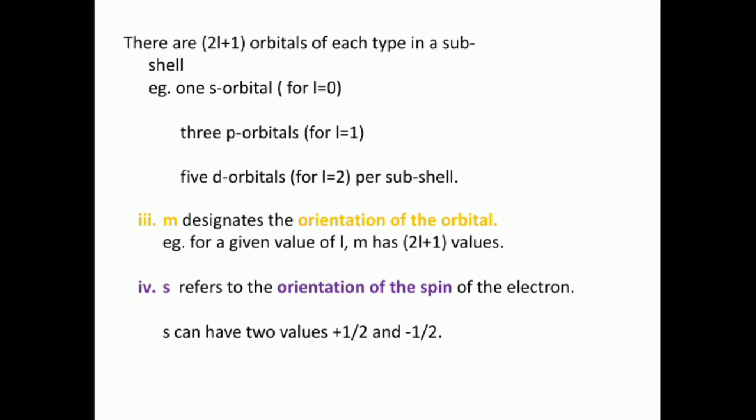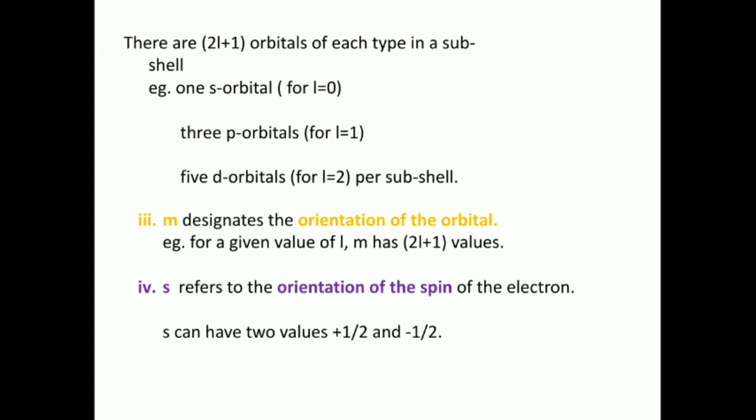So there are twice l plus 1 orbitals. When l equals 0, that is 2 into 0 plus 1, that is 1. Only one s orbital will be there. For l equals 1, there will be 3 p orbitals, that is 2 into 1 plus 1, that is 3.